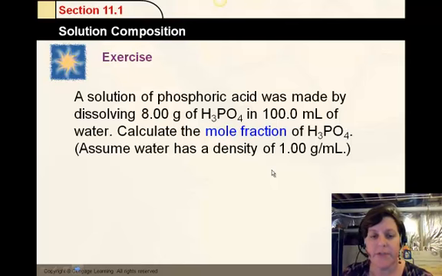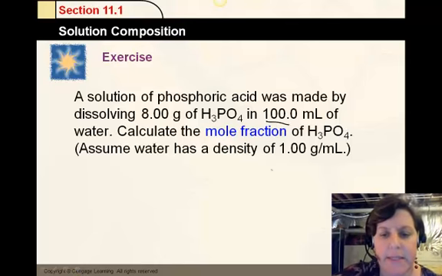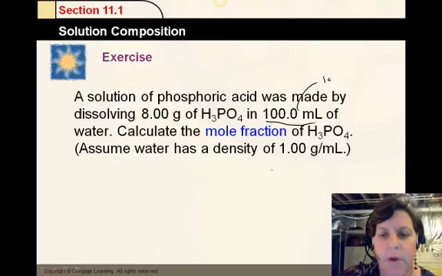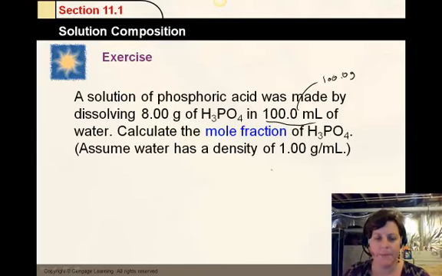A solution of phosphoric acid was made by dissolving 8 grams of H3PO4 in 100 milliliters of water. Calculate the mole fraction of H3PO4, and remember that the density of water is 1 gram per milliliter, which is very helpful, because with mole fraction, of course, you need to get to moles. And with knowing 1 gram per milliliter, that essentially means this is 100 grams of water.